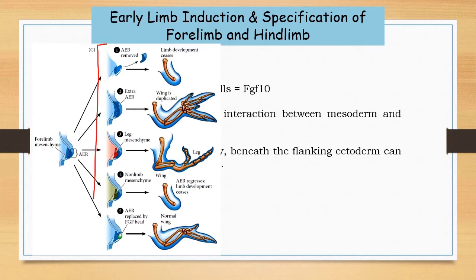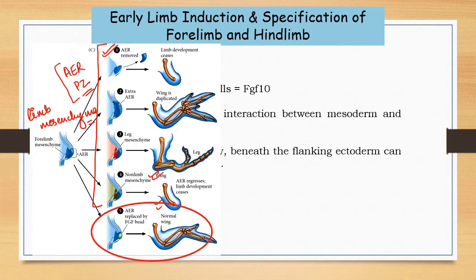In 4 sets of experiments, we got to know that the interaction between AER and progress zone, or the distal mesenchyma, is very important for limb formation, and this mesenchyma should be a limb mesenchyma, and that non-limb mesenchyma cannot lead to limb formation.